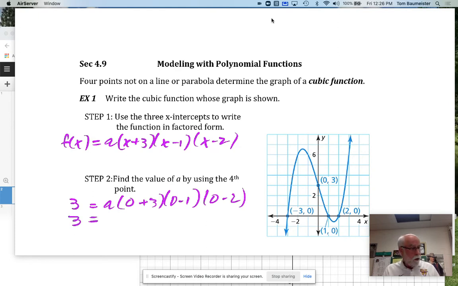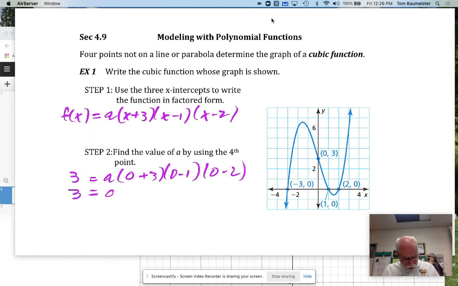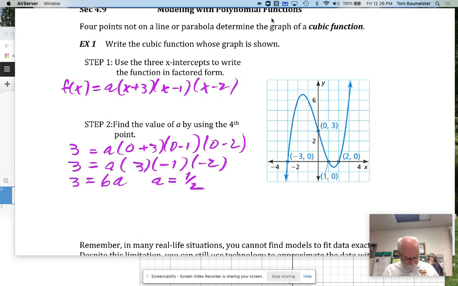If we work that out, we'll get a, and then we'll have 3, negative 1, and negative 2. So 3 times negative 1 times negative 2 is 6, so we'll get 3 is equal to 6a. If we solve for a, we'll get a is equal to 3 divided by 6. If we reduce that, we'll make it 1/2.